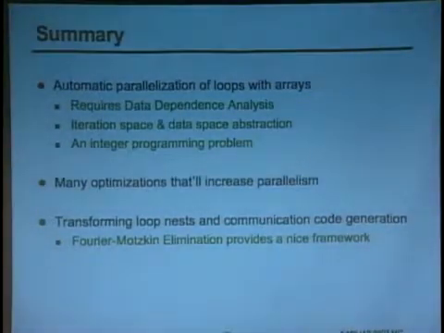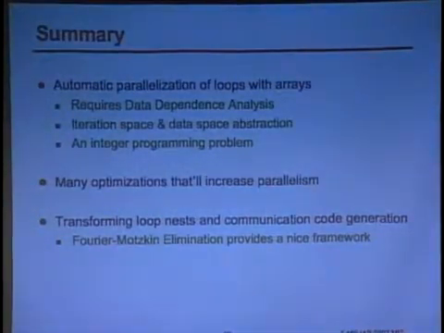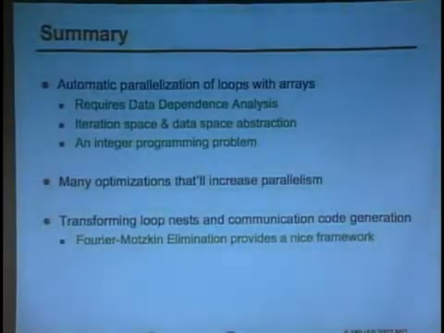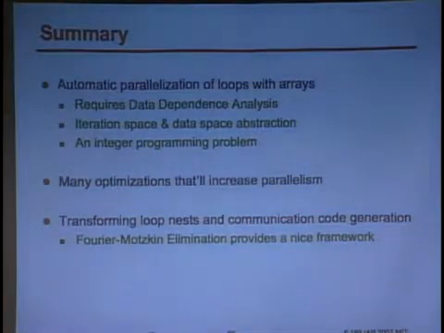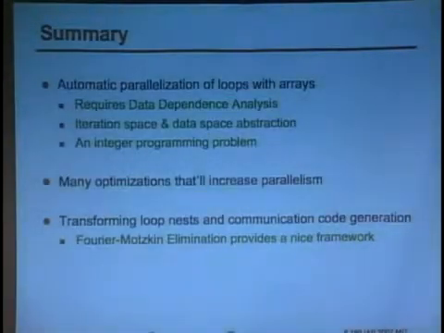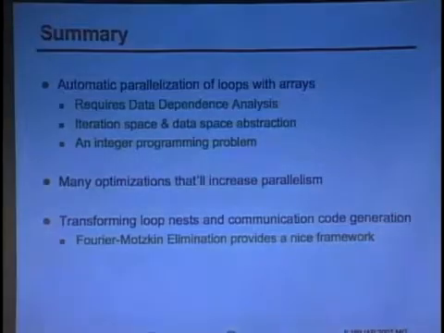And we can also deal with communication code generation and generating loopness by doing this Fourier-Motzkin elimination. What I want to show from this talk is that automatic parallelization of normal loops can be done by mapping into nice mathematical frameworks and manipulating in that mapping.